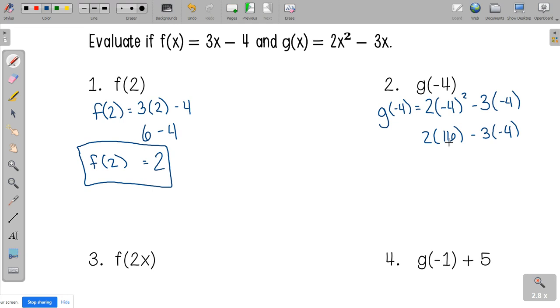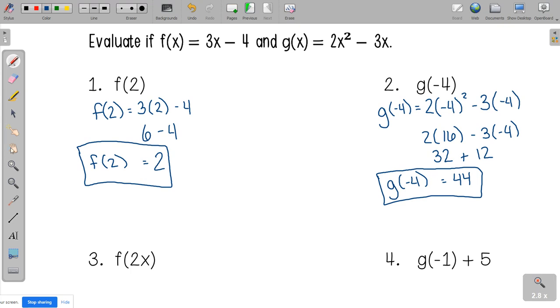So 2 times 16 is 32. 3 times negative 4, or you can think of it as negative 3 times negative 4, is a positive 12. Now we add: 32 plus 12 is 44. So g of negative 4 is 44.